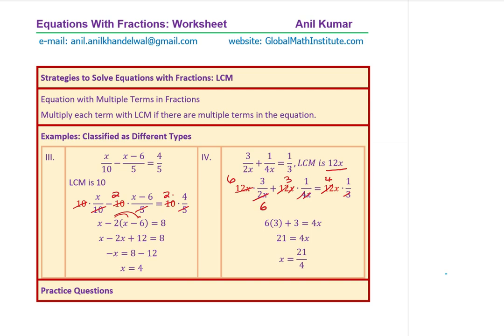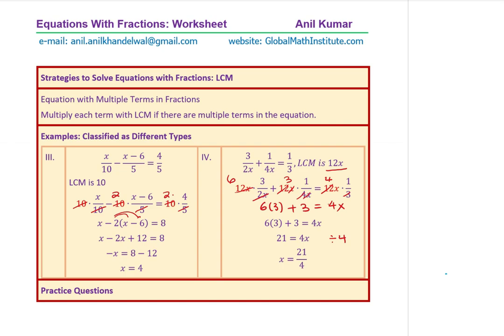So we have 6 times 3 plus 3 equals 4x. Now, 6 times 3 is 18 and plus 3 is 21 and therefore we have written 21 equals 4x. Now you divide by 4 and isolate x to get the answer as 21 over 4. Is that clear to you?